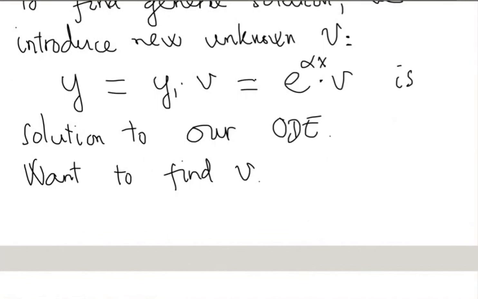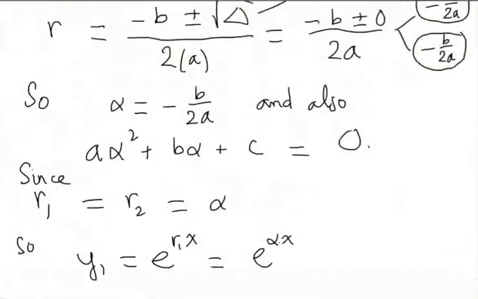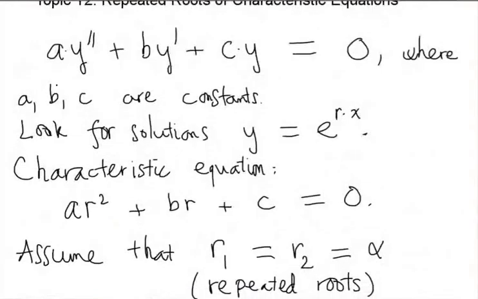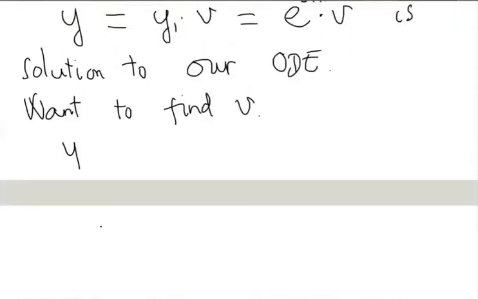Because y, e to the alpha x times v, is a solution to our original ODE, we need to take the derivative the first time and then the second time and plug into the equation. So take the derivative.